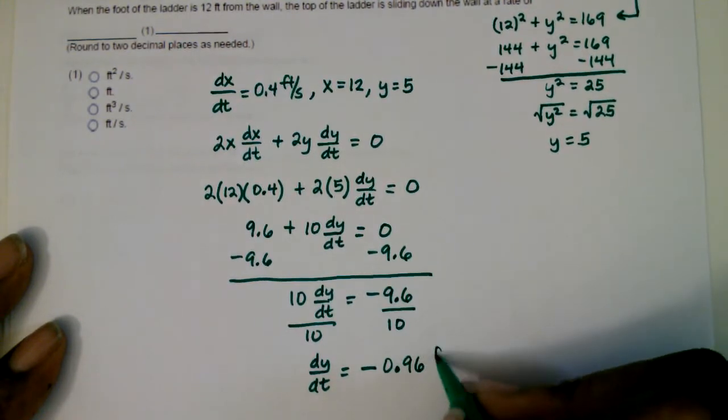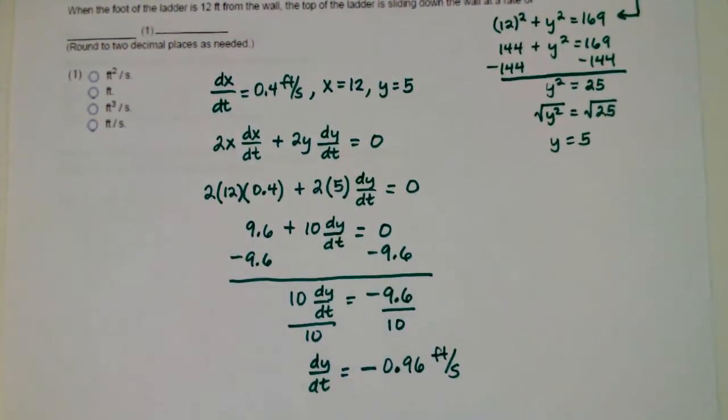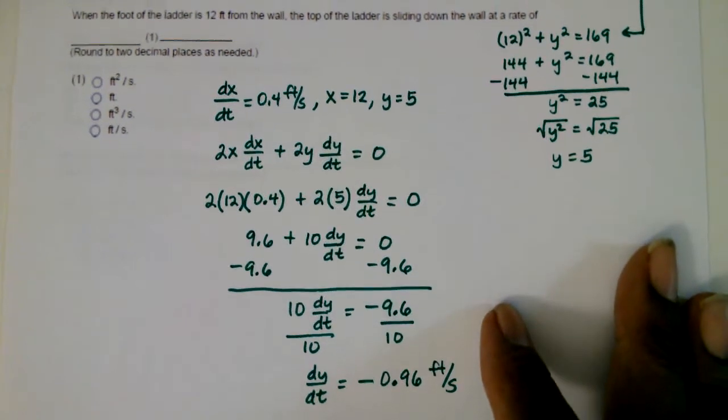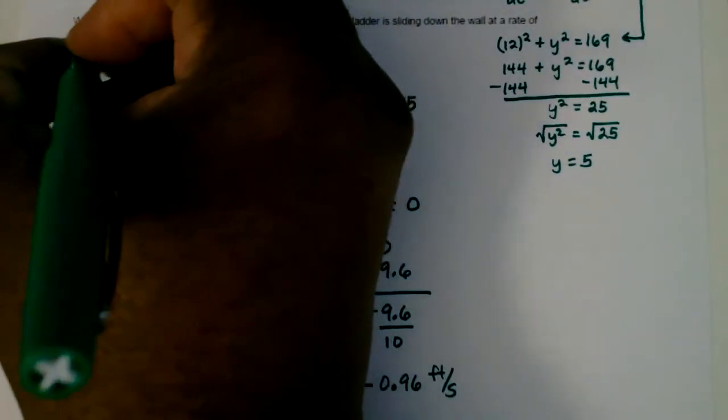And this is going to be in feet per second. So in this case here, when the foot of the ladder is 12 feet from the wall, the top of the ladder is sliding down the wall at a rate of negative 0.96 feet per second.